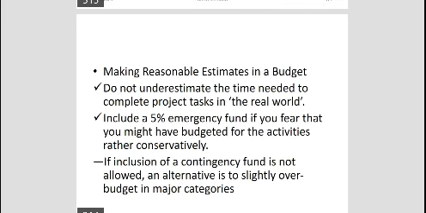In your budget, you must have a contingency fund, which sometimes is 5% of the budget. If you fear that you might have budgeted for activities rather than conservatively.